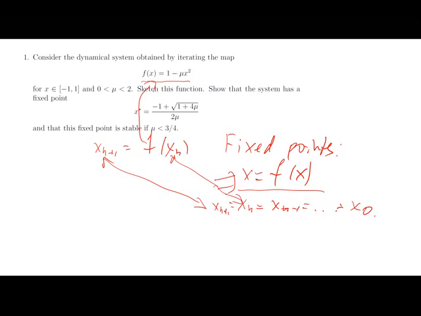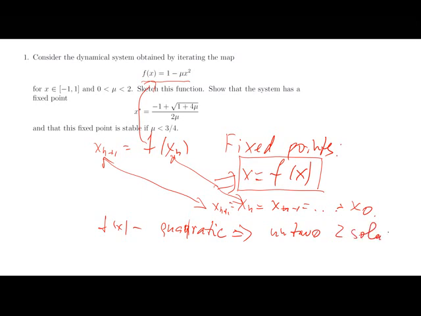I'm not going to show you how to solve this equation. Your f of x is quadratic, and therefore you can have up to 2 solutions, up to 2 roots, which are fixed points.